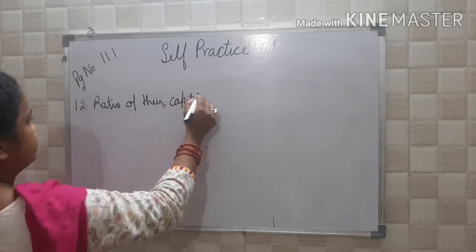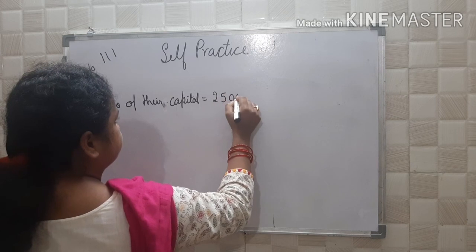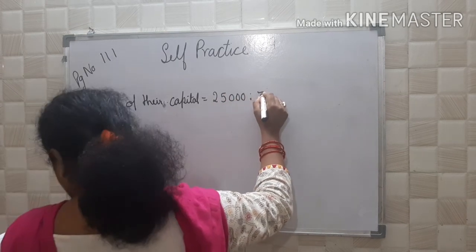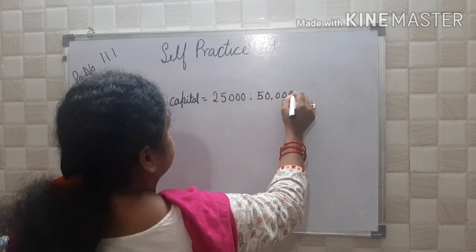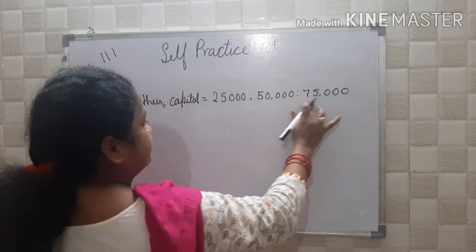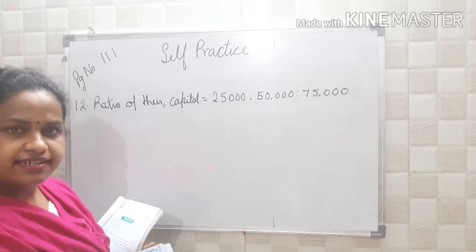Now see, the ratio of their capital is equal to 25,000, 50,000 and 75,000. In all of them the last three zeros can be cancelled out.